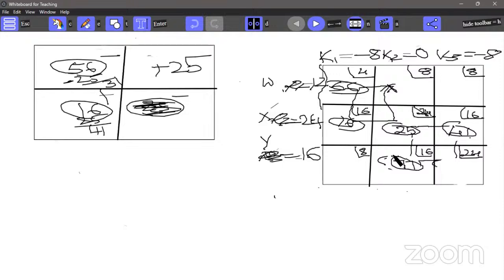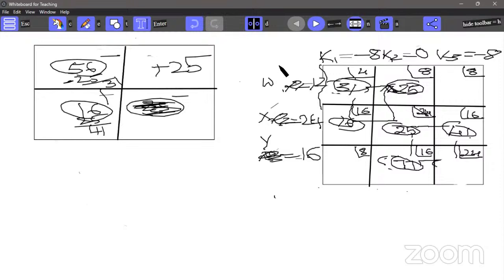I will make the changes in the old matrix only. Erase 56; 31 is there. In the first cell, I have 31 units only now. In this cell, 25 circle.